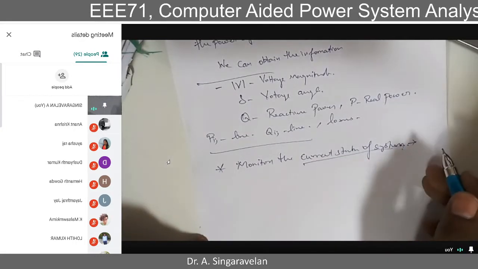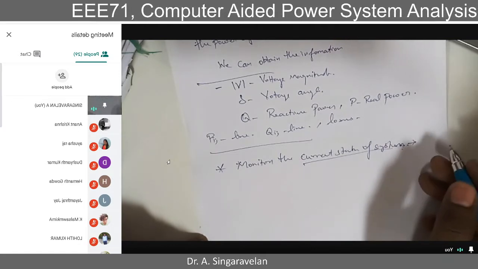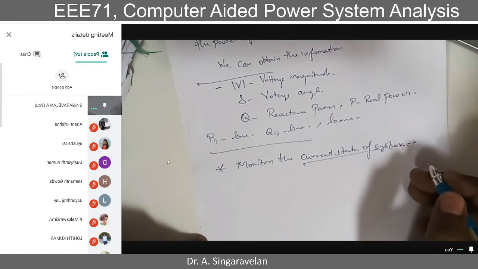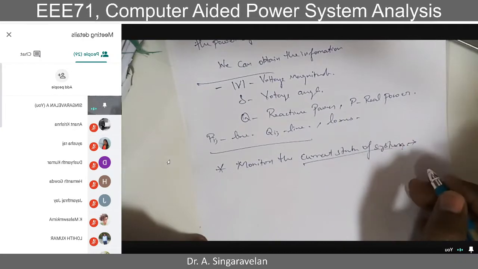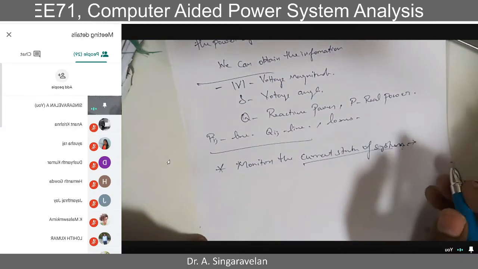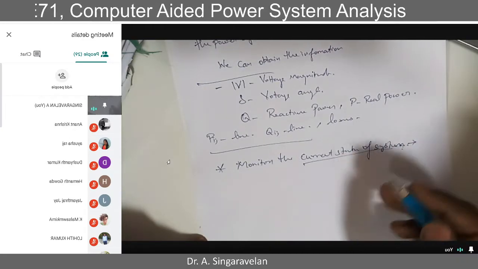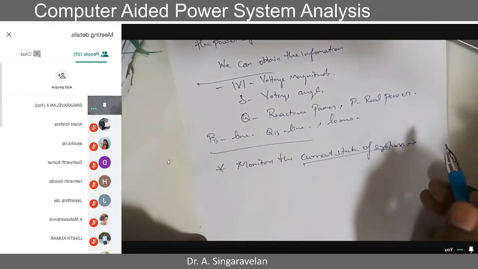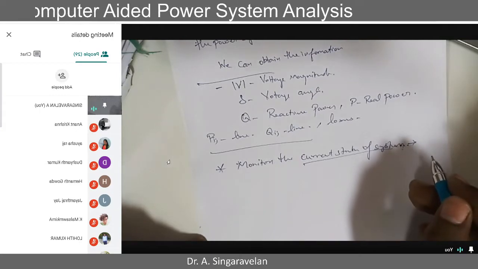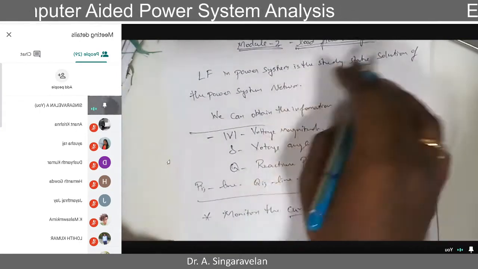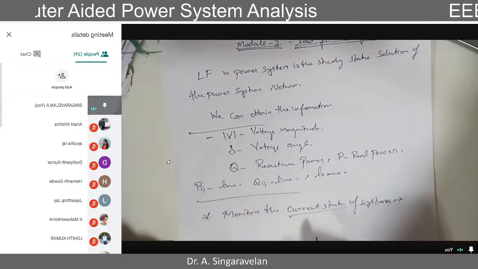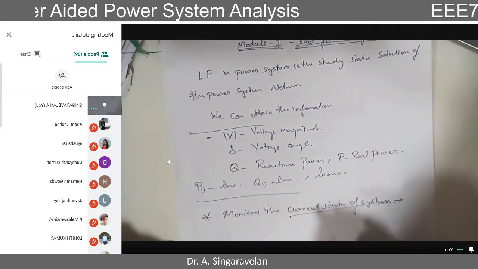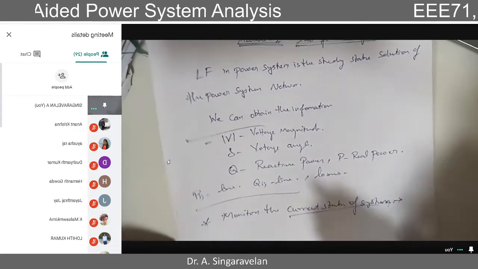Otherwise, in reverse also, sometimes the national center needs information from the regional load centers, so vice versa. To give the information of the current state of the system, the national level and regional level electricity boards will perform this load flow analysis, constantly monitor the system, and share their information between them. Why?